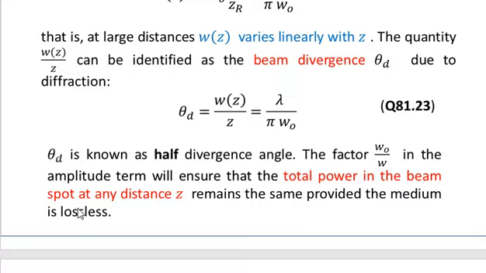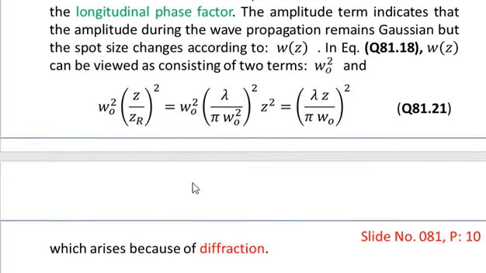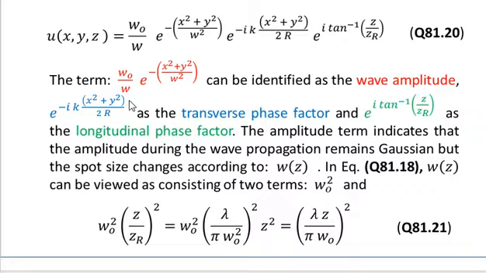So the total power in the beam spot at a distance z remains the same, provided the medium is lossless. So we have explained one factor over here, w naught over w e to the power minus x square plus y square over w square, which we have regarded as the wave amplitude.